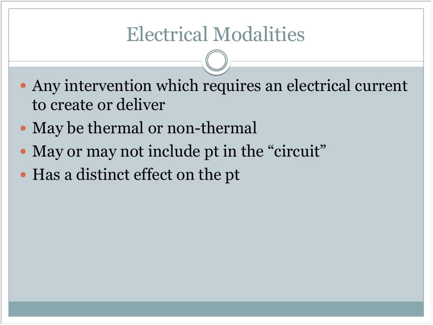So when utilizing electrical current, the current may or may not include the patient in creating the circuit. A circuit is a complete circle of electricity. Electricity flows from negative to positive. It has to have some conductor in order to make that connection between the two ends of the leads, in these cases with electrical stimulation.